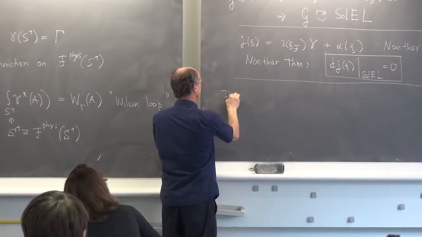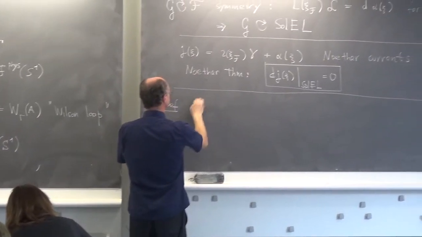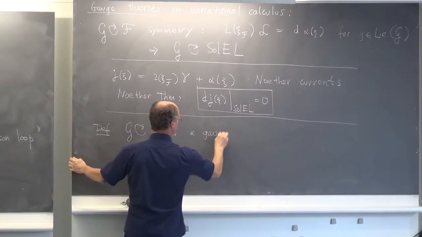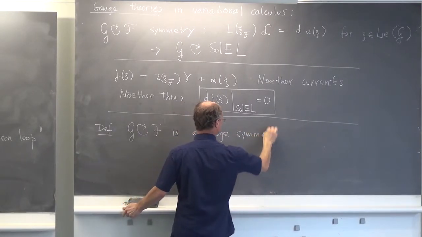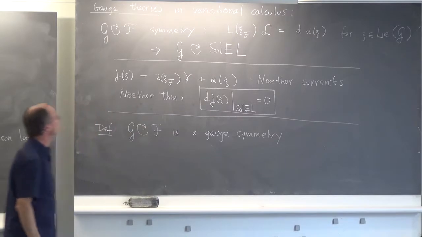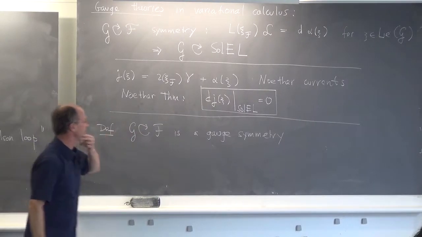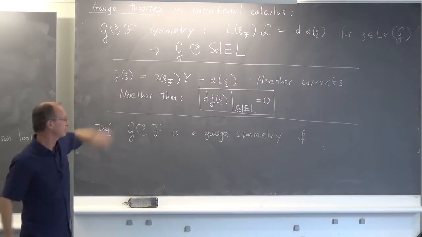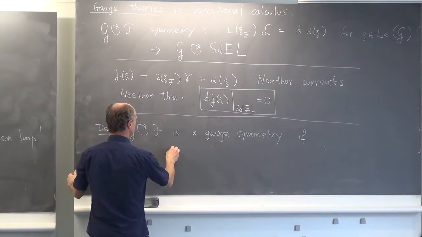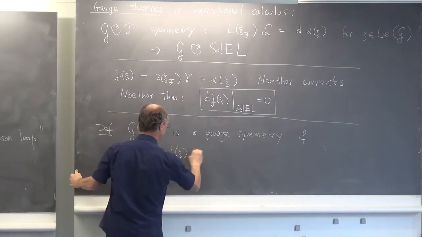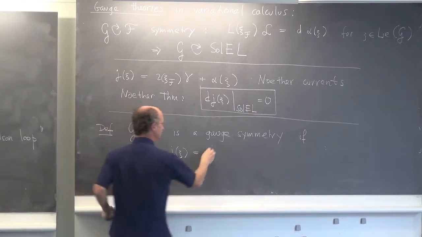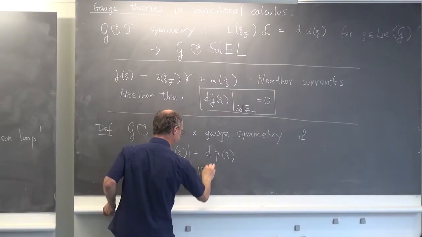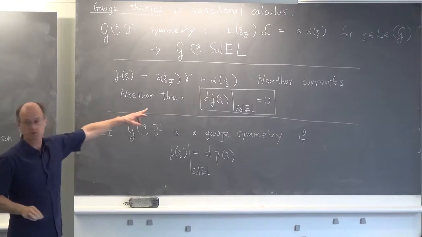Now, definition. G acting on F is a gauge symmetry if, in addition to this condition on the Lagrangian, we have the following condition: J of psi on sol L is not only closed but also exact.